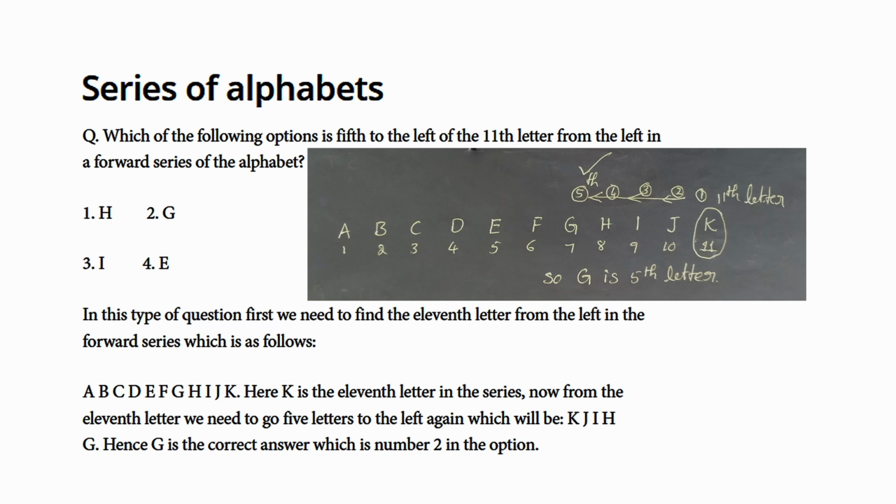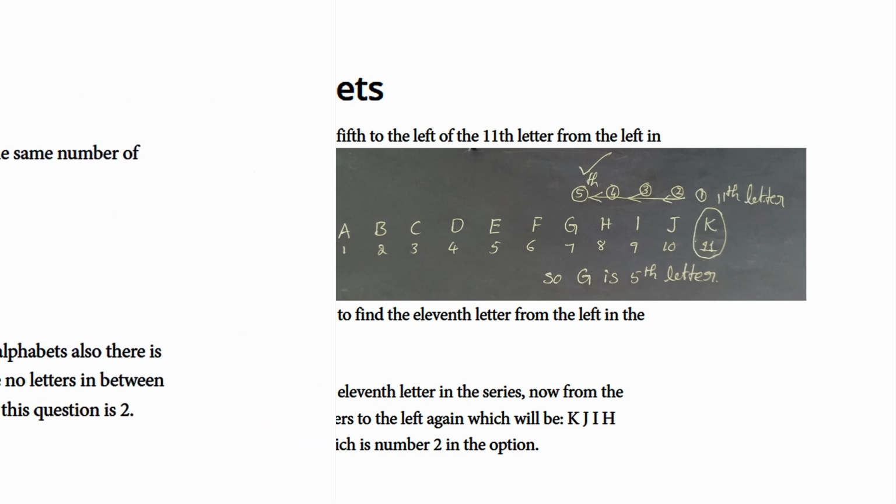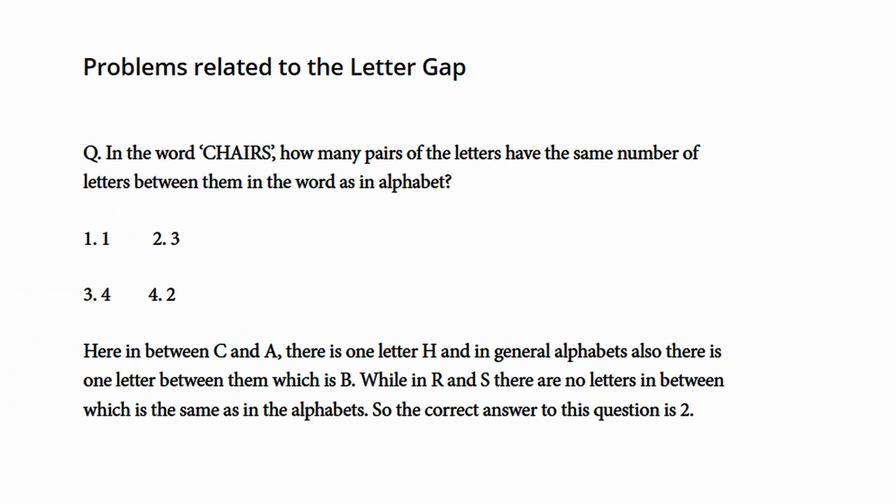Here K is the 11th letter in the series. Now from the 11th letter we need to go 5 letters to the left again, which will be K, J, I, H, G. Hence G is the correct answer, which is number 2 in the options. Next, problems related to the letter gap.